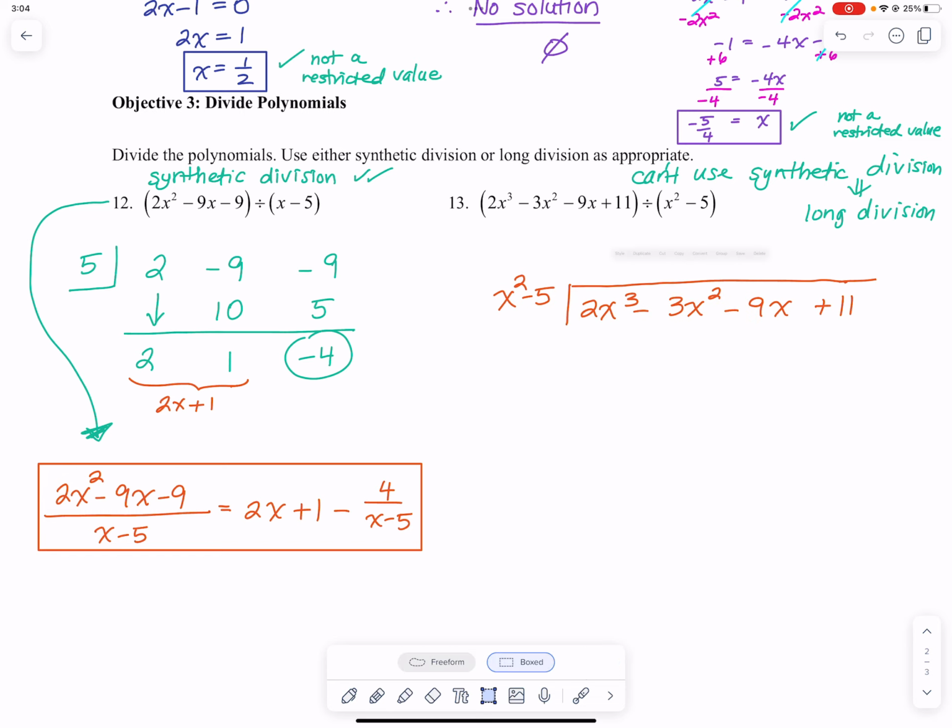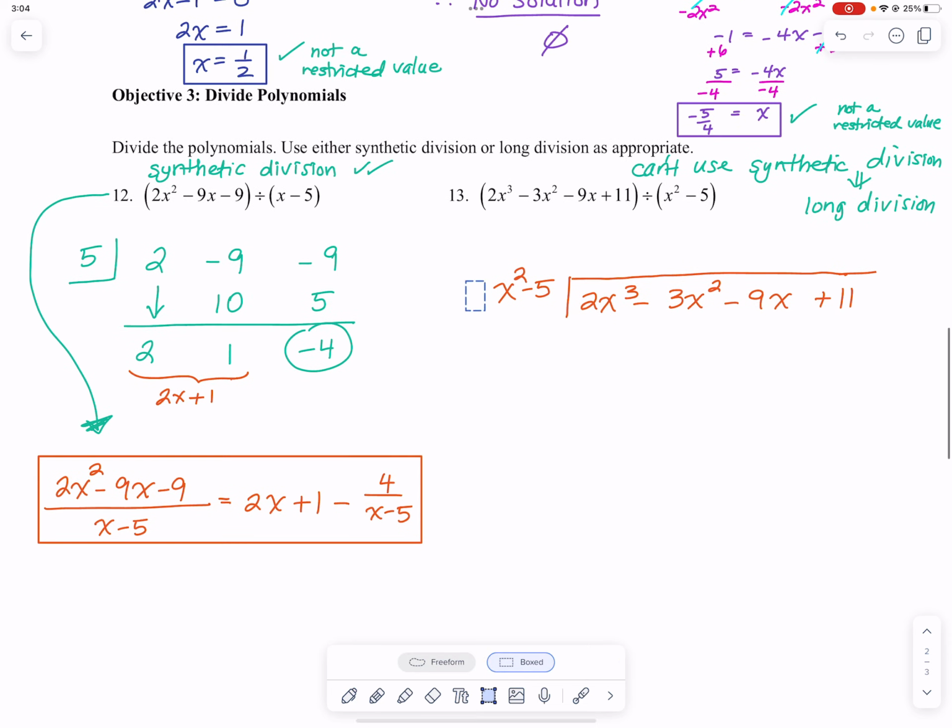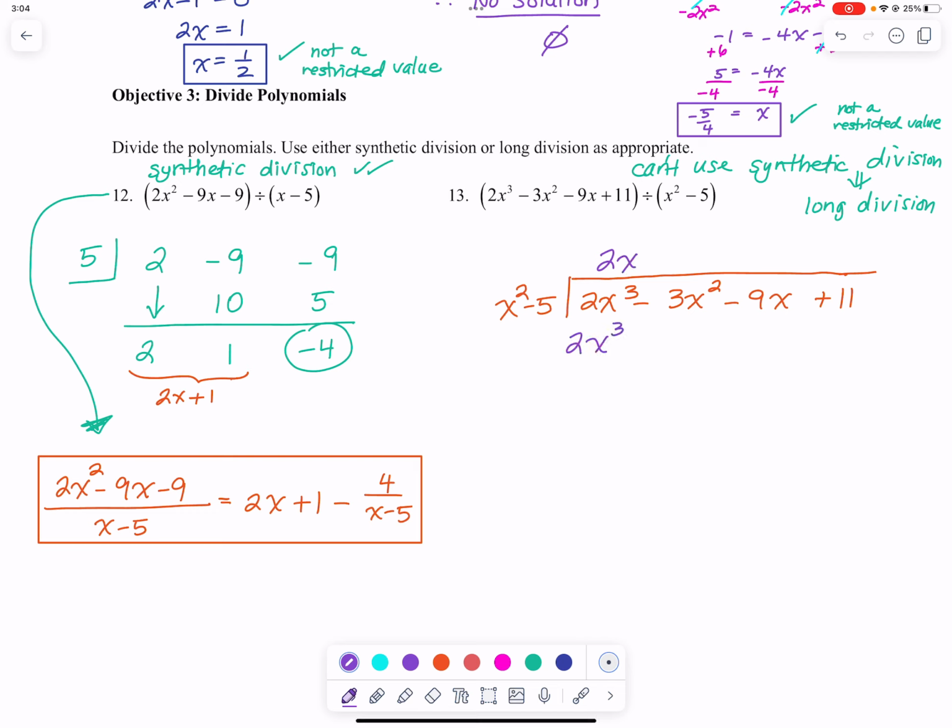Okay, so we are looking at this 2x cubed and this x squared in order to decide what we are going to have. And yes, that would be a 2x. So we have a 2x cubed minus 10x. Here we will subtract, and we end up with a negative 3x squared, and this is a negative 9 plus a 10.